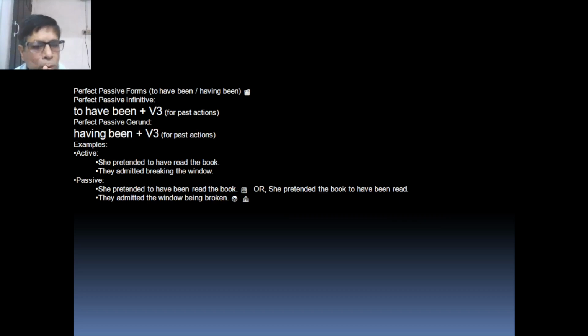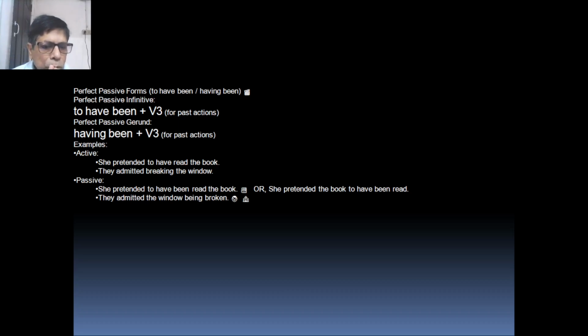Perfect passive forms, that is to have been or having been. Now to have been plus verb 3, which expresses past actions, and having been plus verb 3, that is past participle for past actions. Now active one is she pretended to have read the book.